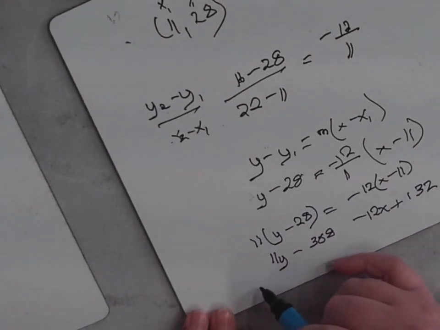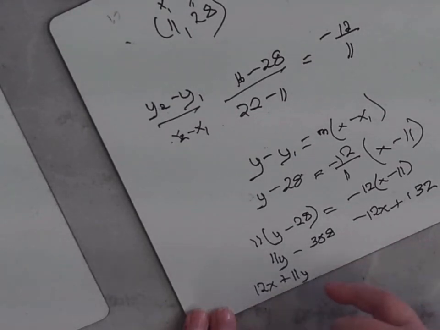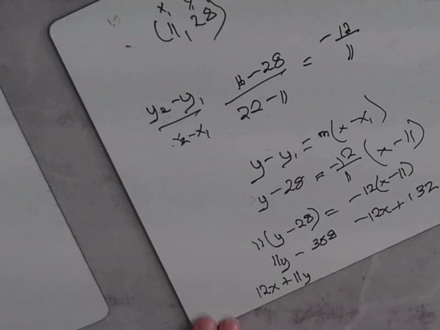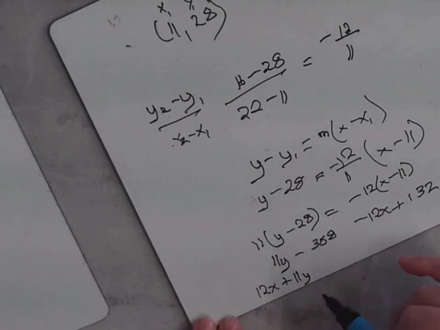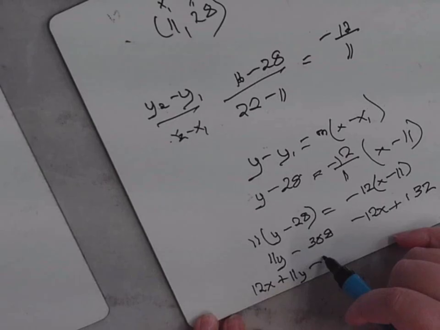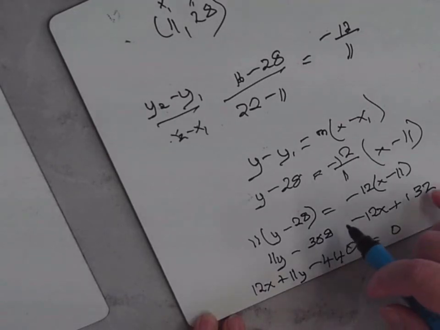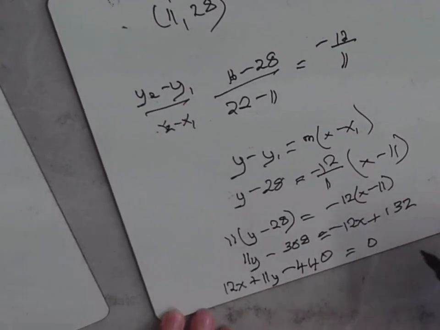Okay, and that would be 12x plus 11y minus 308 minus 132, that'd be minus 440, equals naught. Okay, so that's the equation of my line.